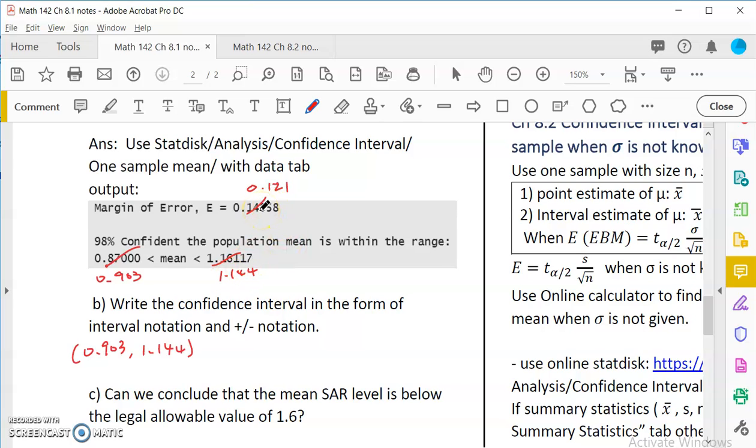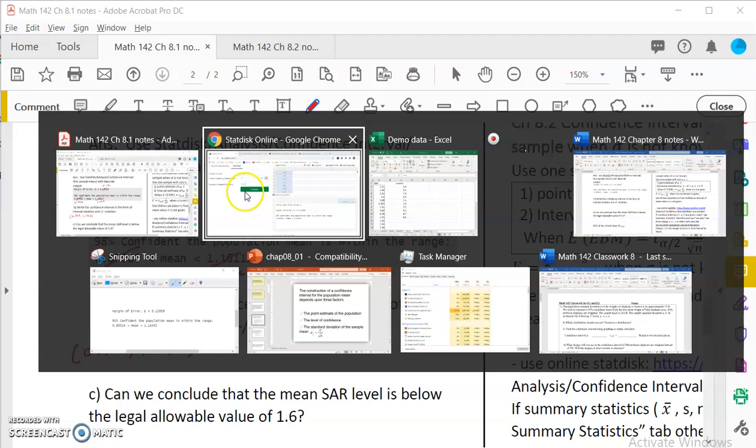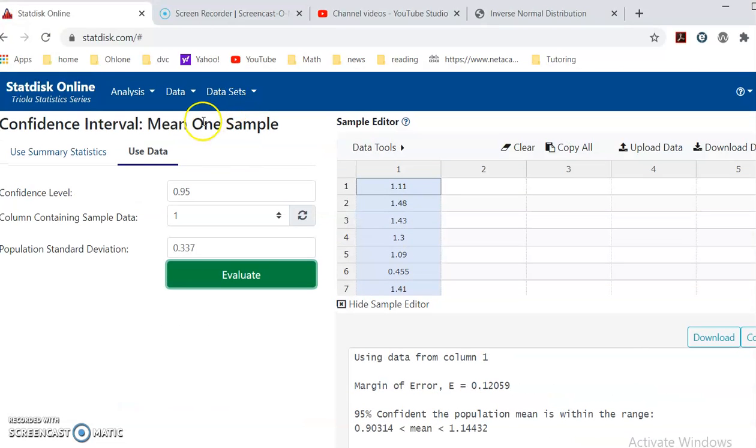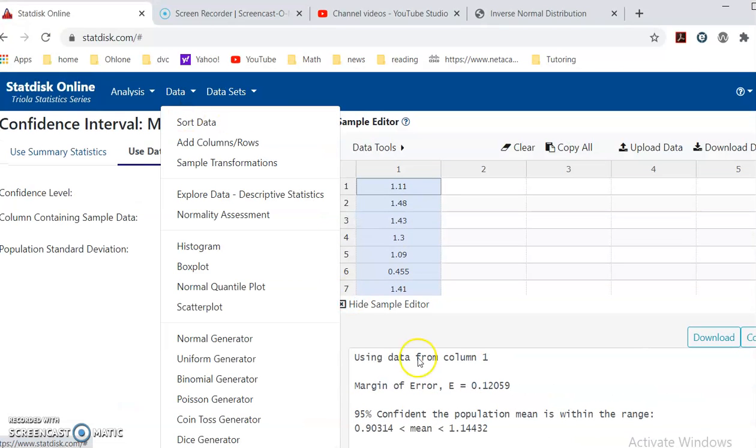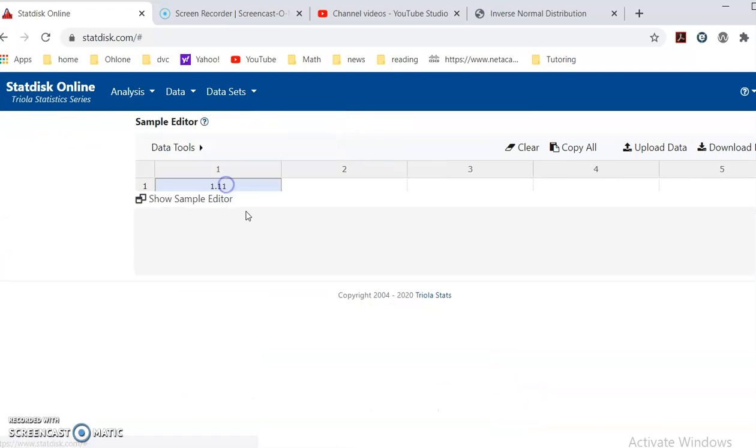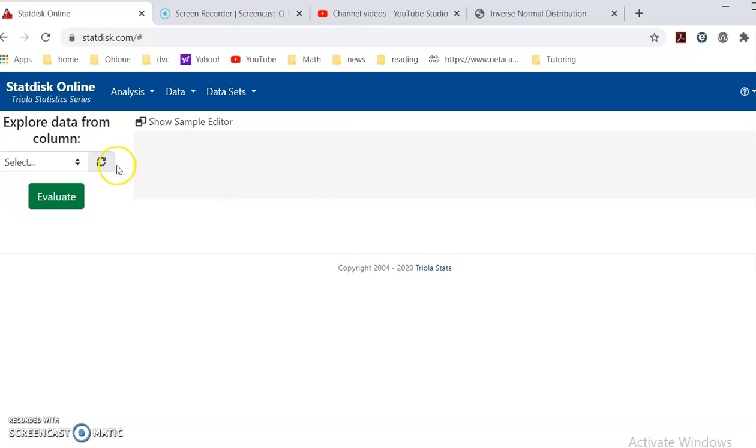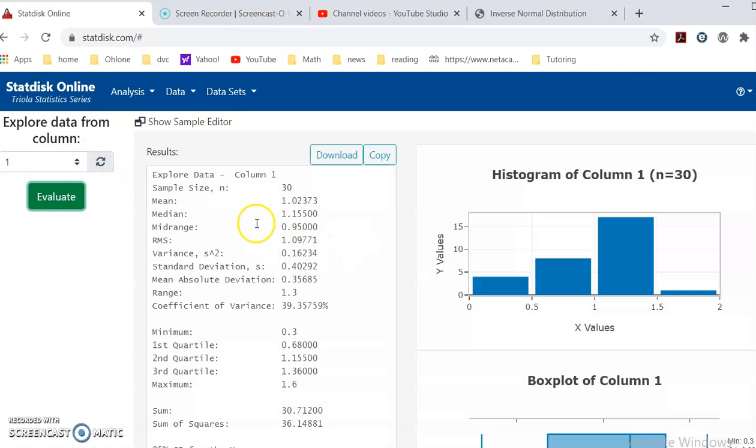So I don't have x bar. So what I'll do is I'll go back to my data and actually find x bar. Some statistics output will provide x bar here, but this one doesn't. So just do an x bar here. X bar is the mean, 1.024.